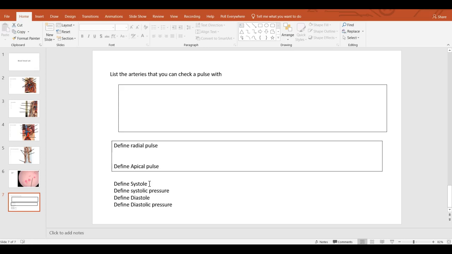Systole means a heart chamber contraction. Therefore, diastole would be relaxation, and systolic pressure and diastolic pressure refer to the blood pressure during systole and the blood pressure during diastole. And that is all you need to know from the cardiovascular physiology lab for the lab exam.